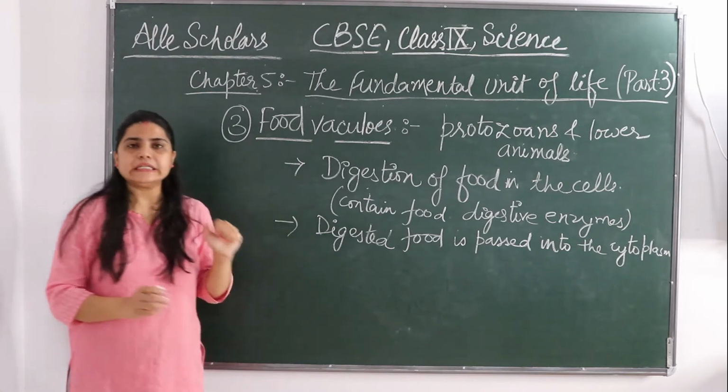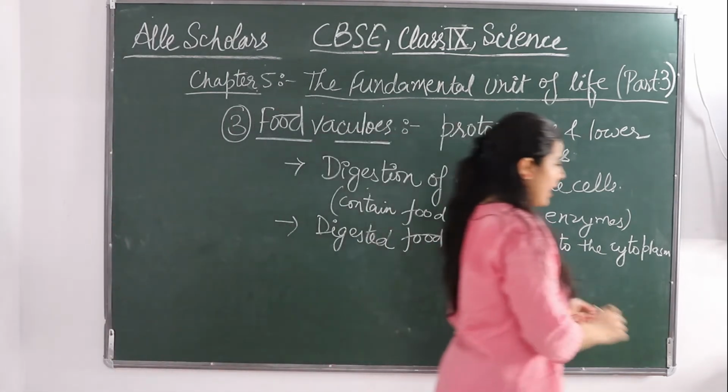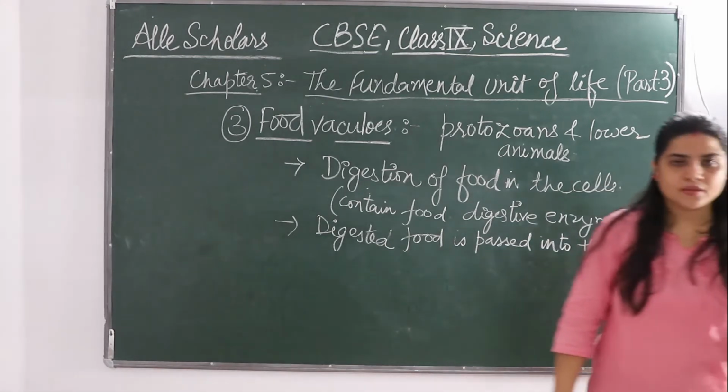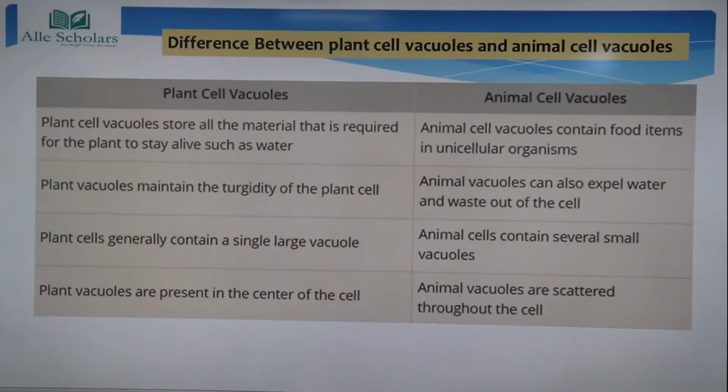Now we shall be seeing the difference between the animal vacuole and a plant vacuole. So let's see the difference between the plant cell vacuole and animal cell vacuoles. Okay, so we can see that plant cell vacuole stores all material that is required for the plant to stay alive.